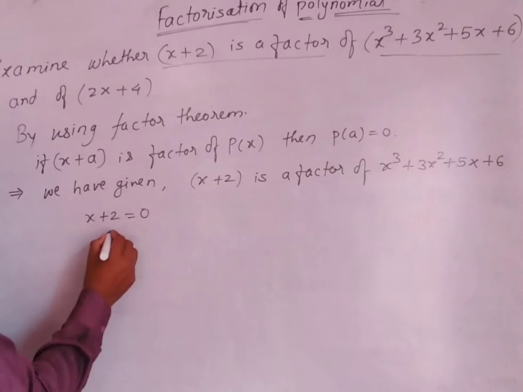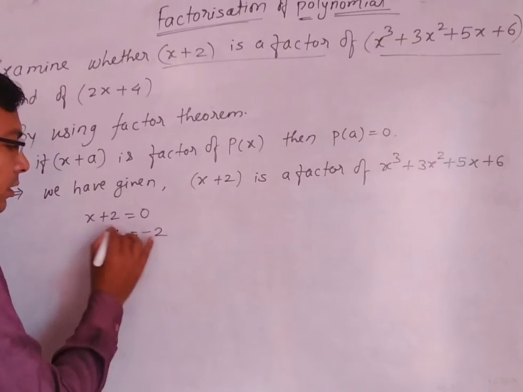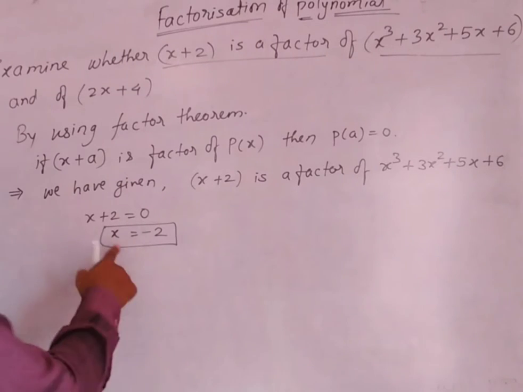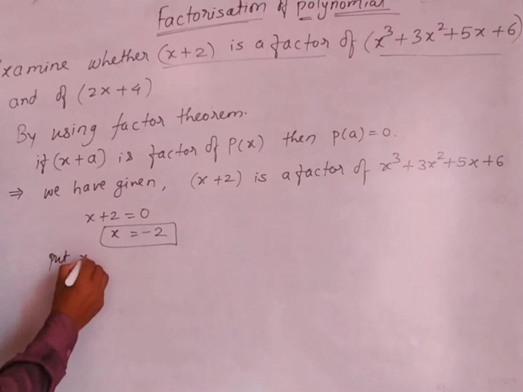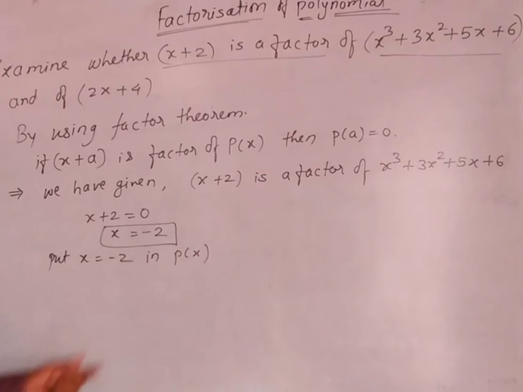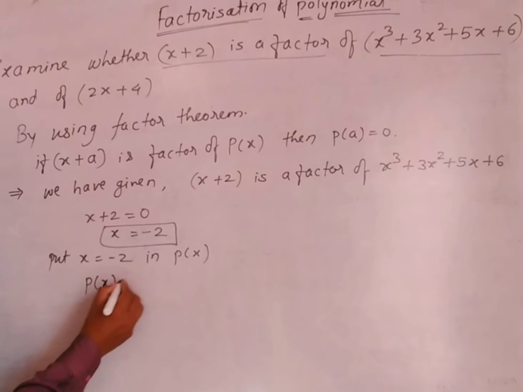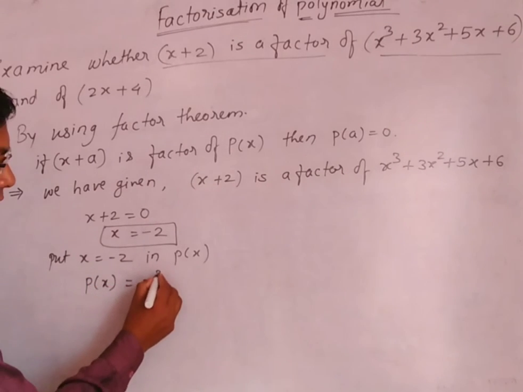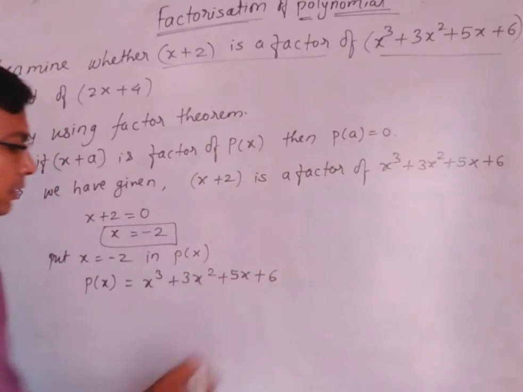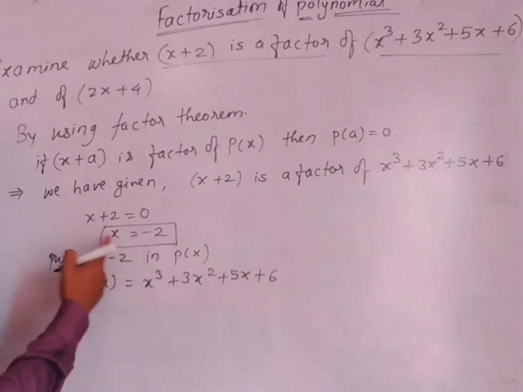We can write x equal to minus 2, shifting the 2 to the right side. So put x equal to minus 2 in p of x, where p of x equal to x cube plus 3x square plus 5x plus 6. This is the polynomial.